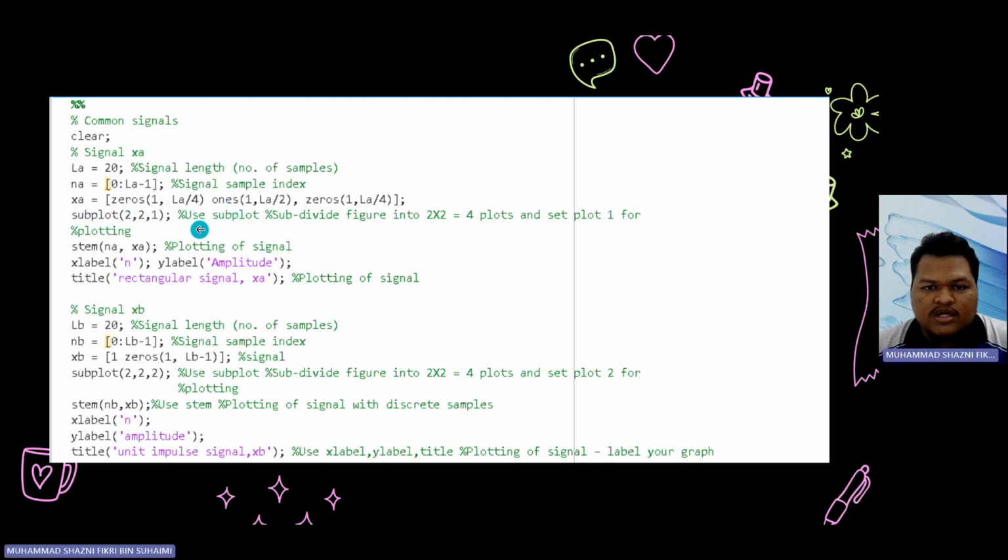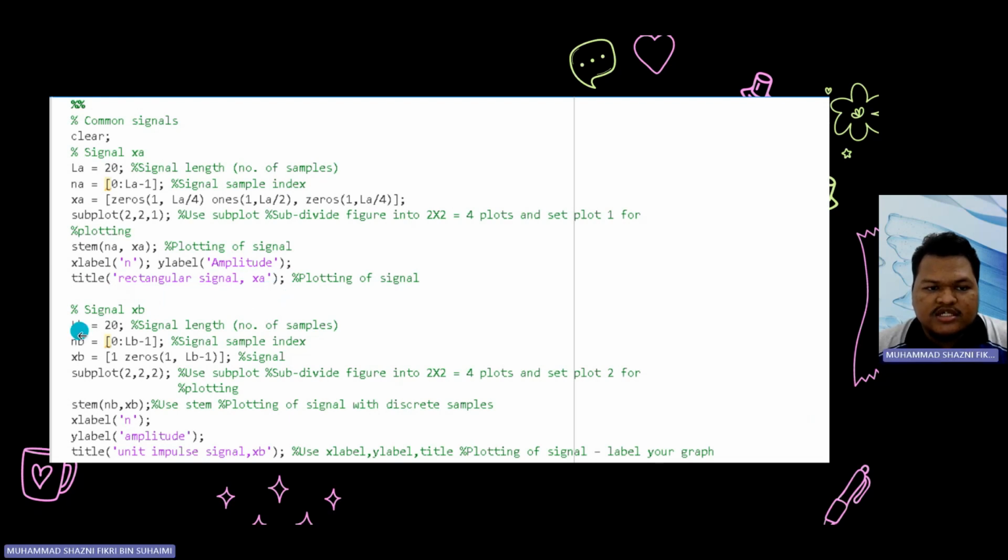Subplot is used to divide the figure into 2 by 2, having four slots. We use stem to plot NA with XA, and we label the signal with N on the X axis and amplitude on the Y axis, with the title rectangular signal XA.